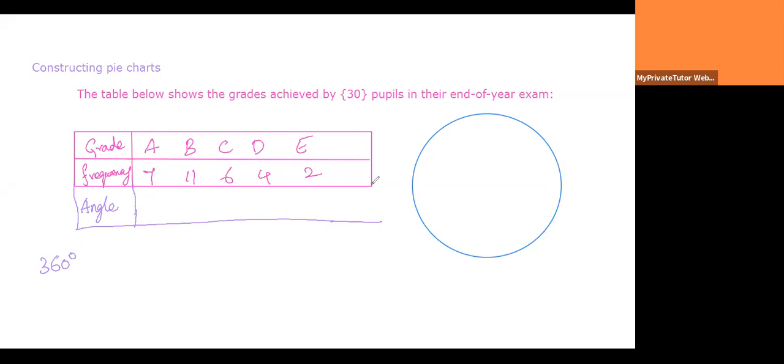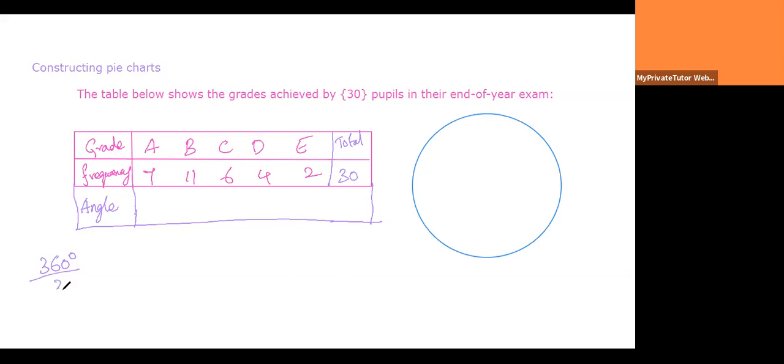And you need to find the total frequency. Just add all the given numbers: 7 plus 11 is 18, plus 6 is 24, plus 4 is 28, plus 2 is 30. So the total frequency is 30.